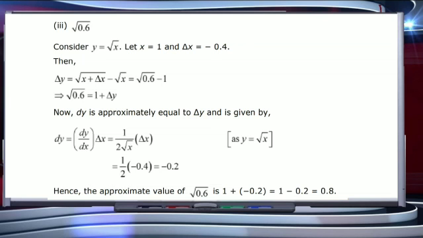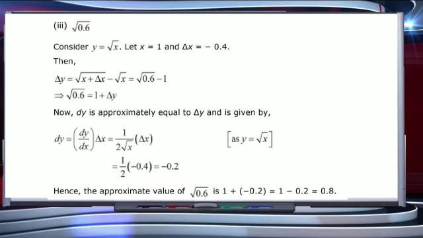Next is the same procedure. Delta y will be equal to under root of x plus delta x minus root x. Next we will substitute the values. On substituting the values, we will get under root 0.6 as 1 plus delta y. The next step is to find the value of delta y, that is dy only. So dy will be equal to dy by dx into delta x. Again the root differentiation is 1 upon 2 root x into delta x.